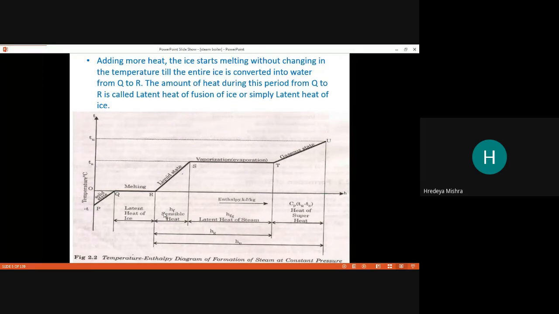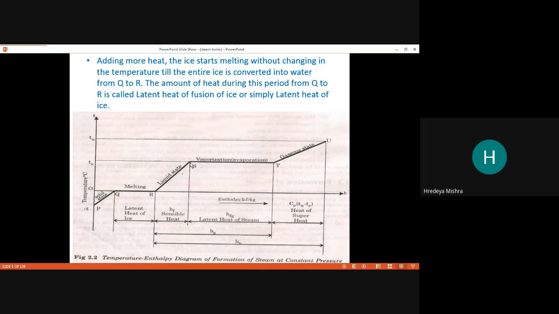Now HF, sensible heat. What is that? This is required to change the liquid stage to the vapor stage. So we can say this is the phase change again.